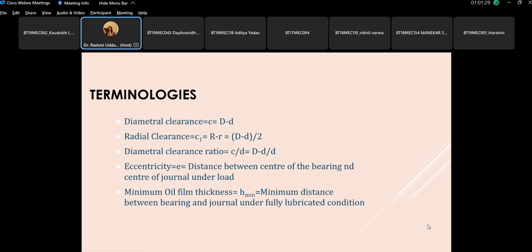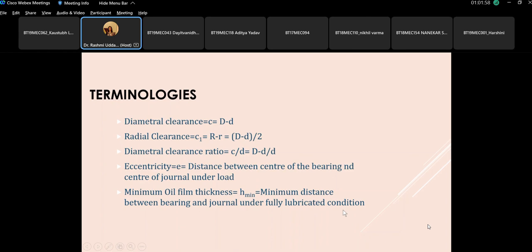H minimum, also known as minimum oil film thickness, is a parameter which depends upon the type of oil, the viscosity of the oil, the RPM of the journal, and what type of load it is withstanding. So this is one of the important parameters in journal bearing design. It is the minimum distance between the bearing and the journal when it is fully lubricated.